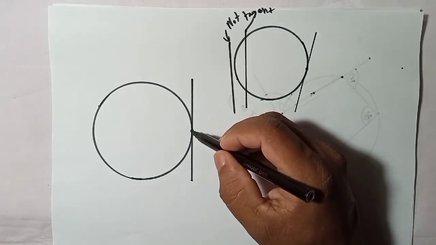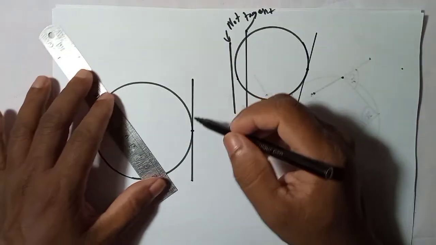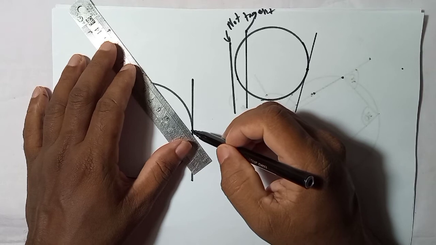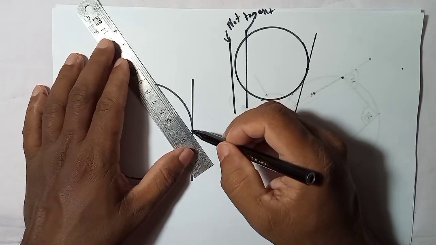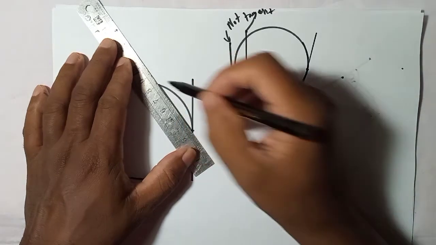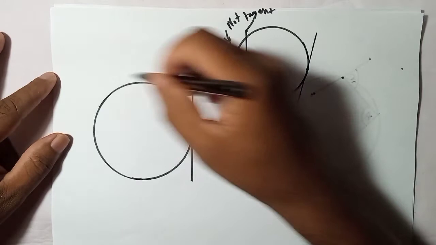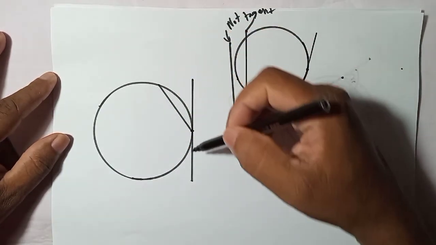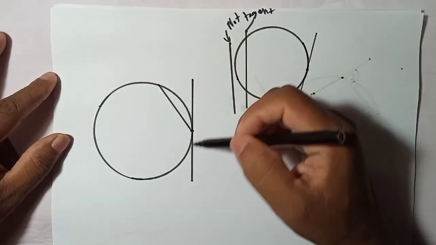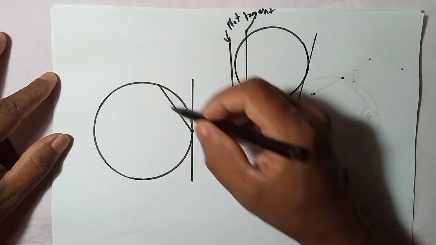If you have a chord inside the circle, a chord made from this tangent point, it goes like this way. This is a chord, right? We call it a chord when you have a circle and you join two points on the circle. Now one point is the tangent point, right? It must be like that.